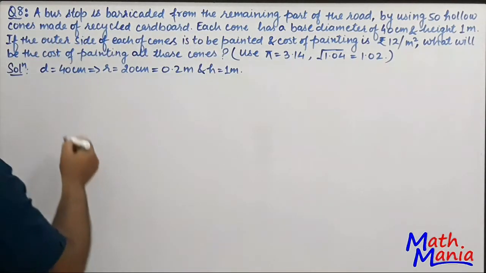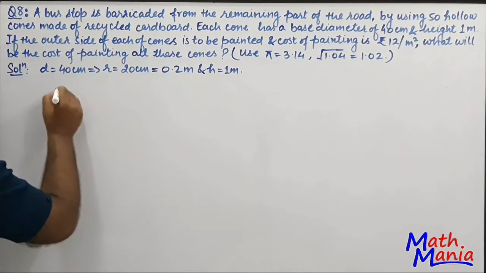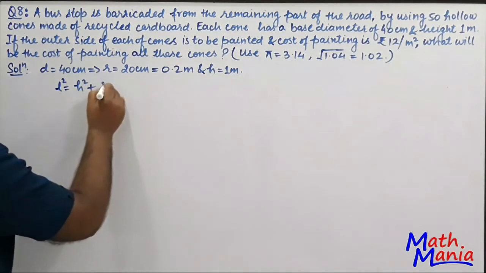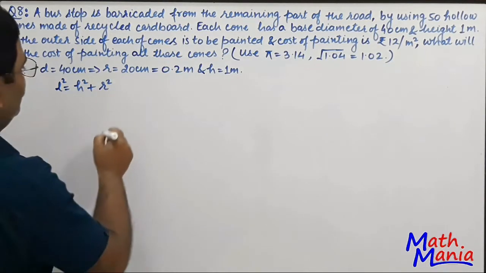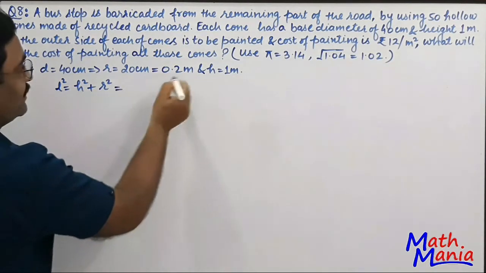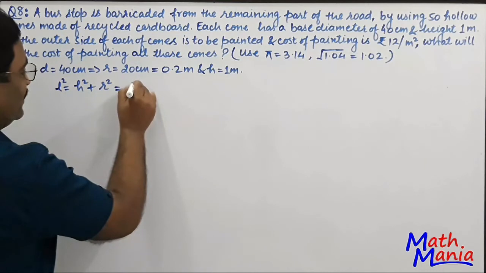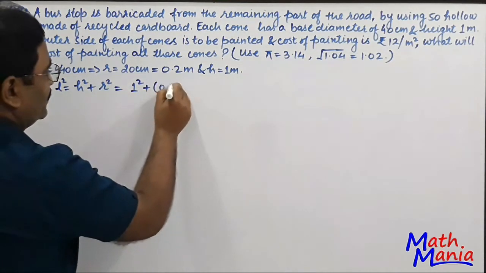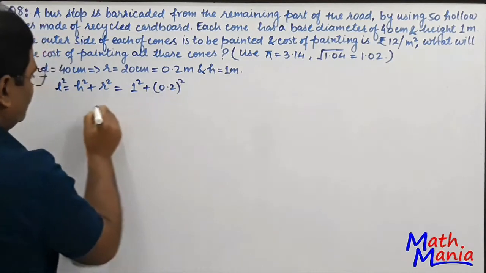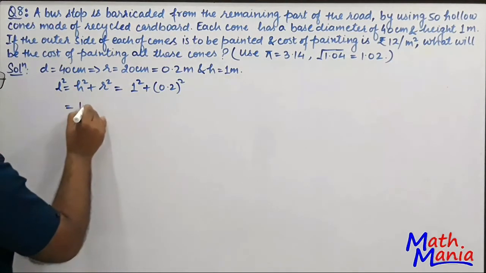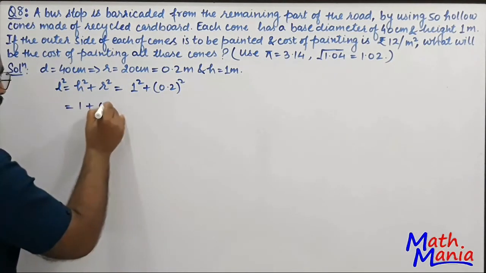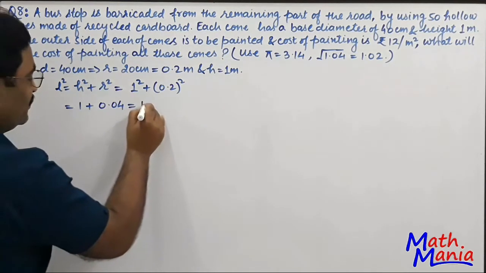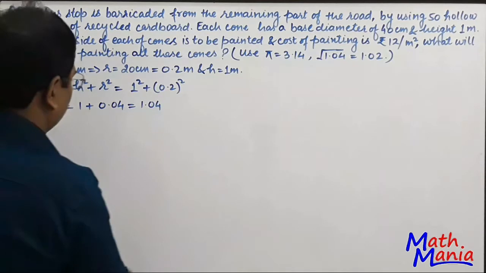As we know the formula l square is equal to h square plus r square. Substitute the values: h is 1 square plus radius 0.2 square. That is equal to 1 plus 0.04, which is 1.04.